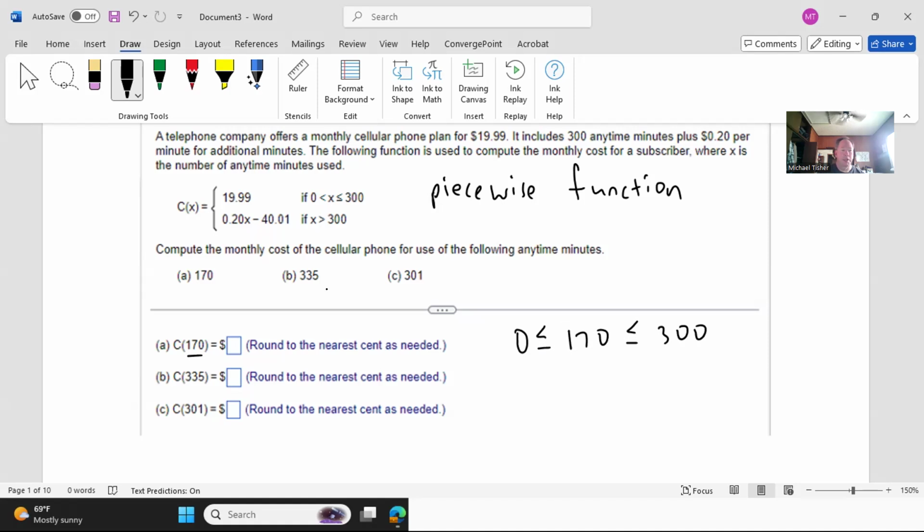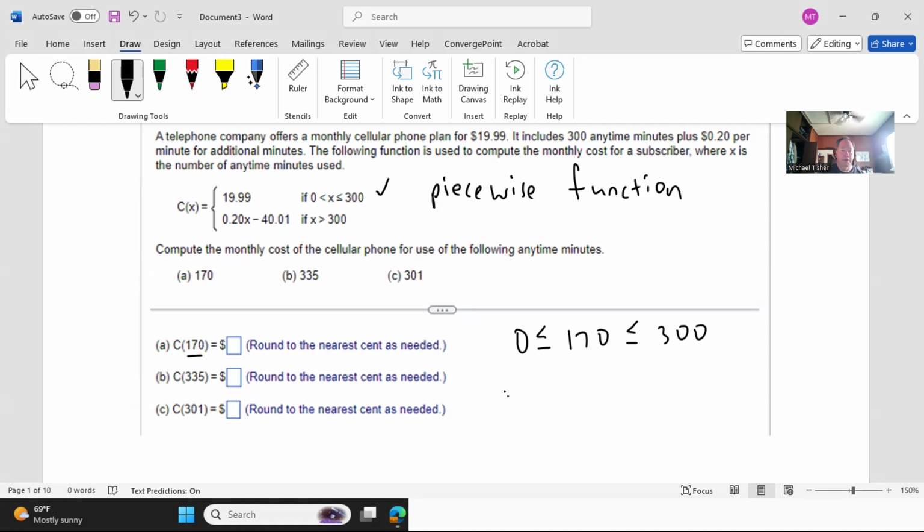And so that means we're going to use the first function, okay? We cannot use the second function because this is when x is greater than 300, and 170 is not greater than 300. So only the first piece of the function applies and not the bottom one. So we'll use the first one.